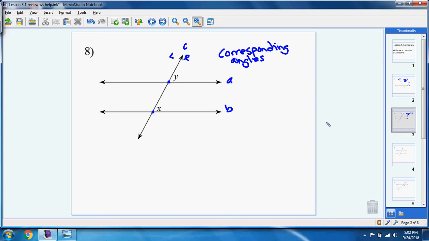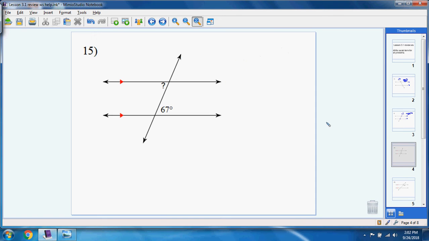Very nice. All right, for this one, they are already giving you the measurement. So remember that this is obviously going to be 67 degrees because you have your parallel symbols here.